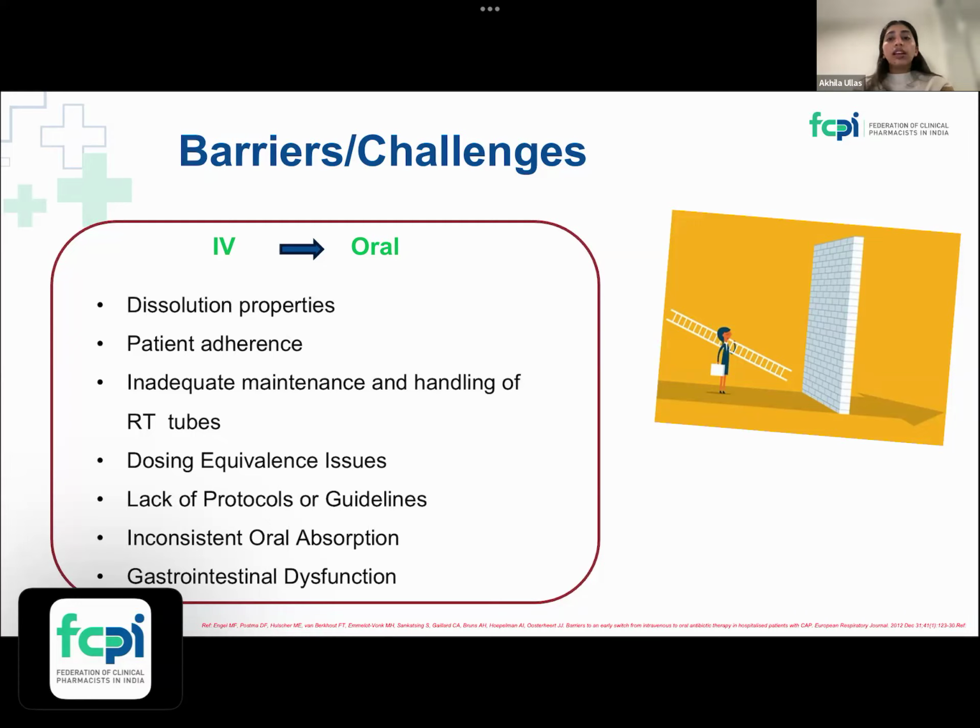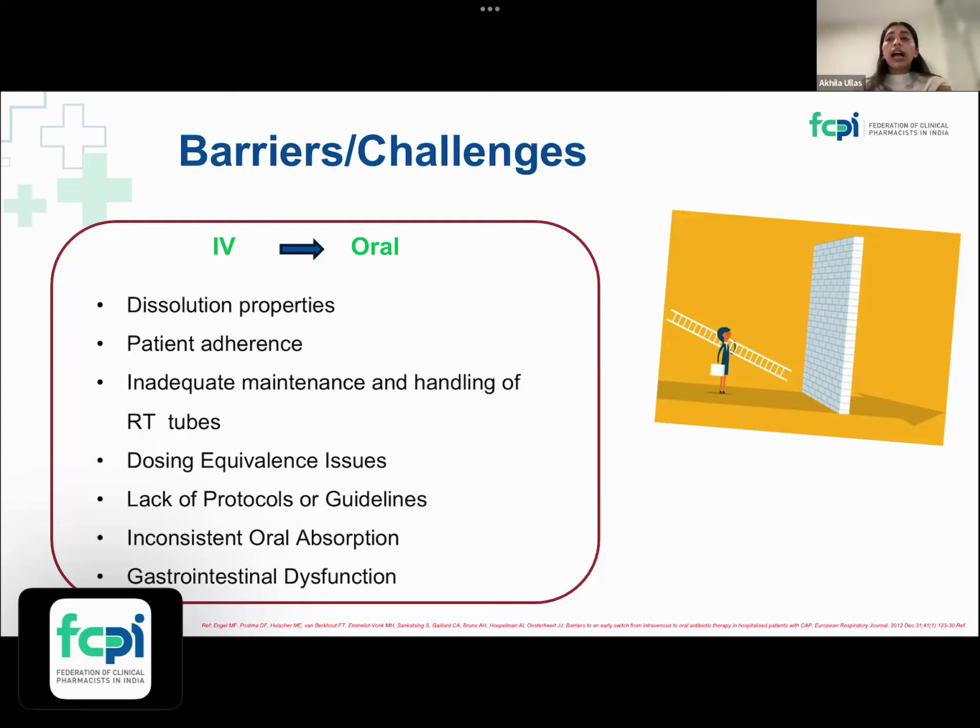Dosing inequivalence issues will sometimes be there in IV to oral conversions, and there is a lack of protocols or guidelines. There are no proper protocols or guidelines for IV to oral switching.